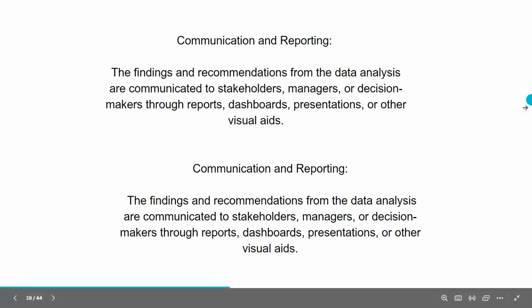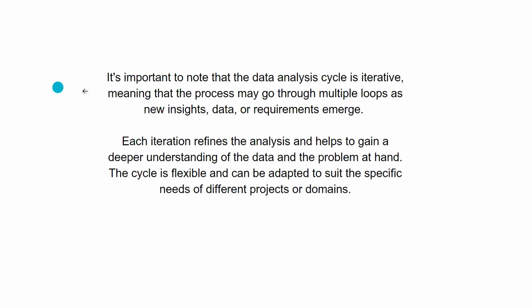These two are repeated, so I'll move on. It says it's important to know that the data analysis cycle is iterative. This word we have used a lot in our Scrum studies, meaning that the process may go through multiple loops, a lot of going to and fro, not getting it right and finding that, no, I've got to go back and do this again before you finally release the end product to the business.